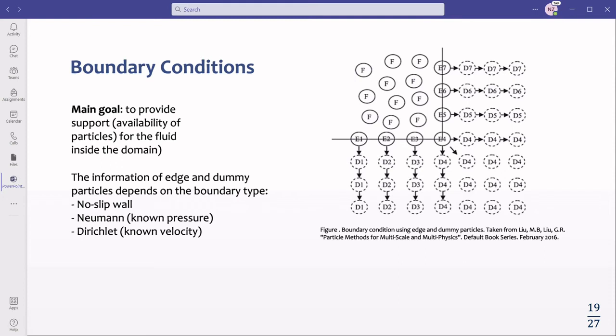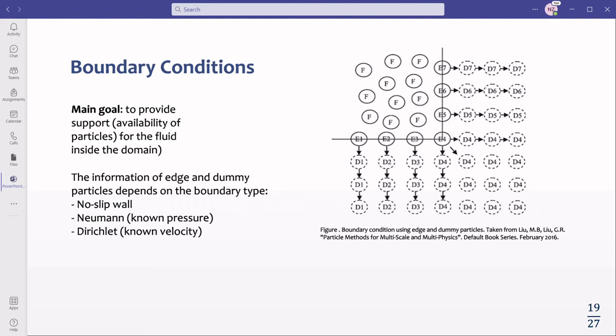Which information do we have to provide? Well, that depends on the type of boundary. If we have a no-slip wall, we usually will impose velocity 0. Neumann or Dirichlet conditions are known pressure or velocity, respectively. So it depends on the type of boundary condition.